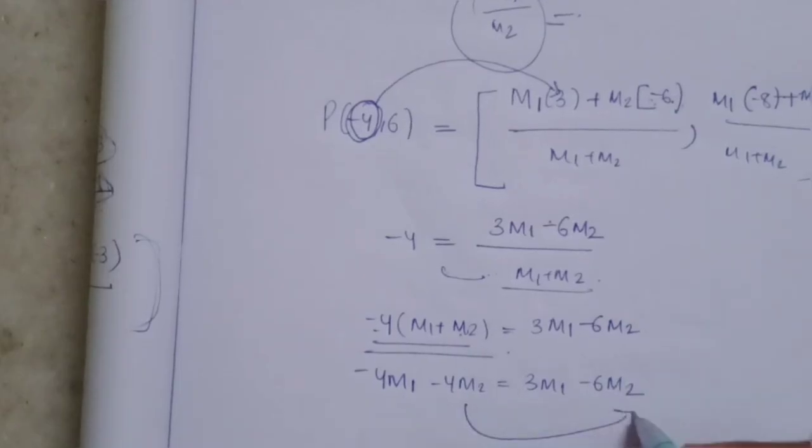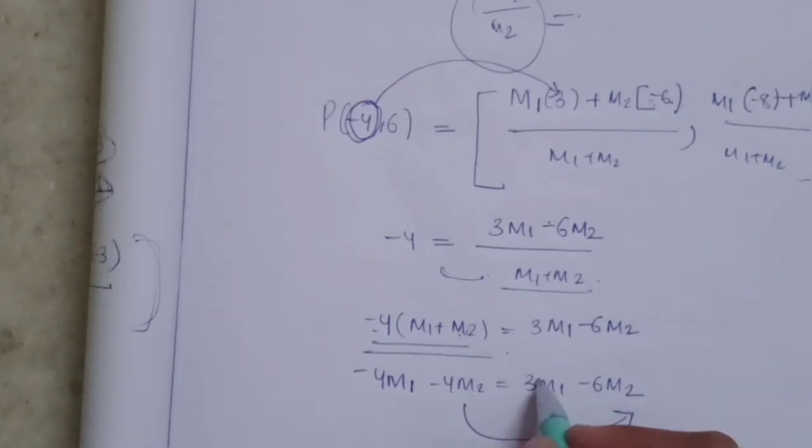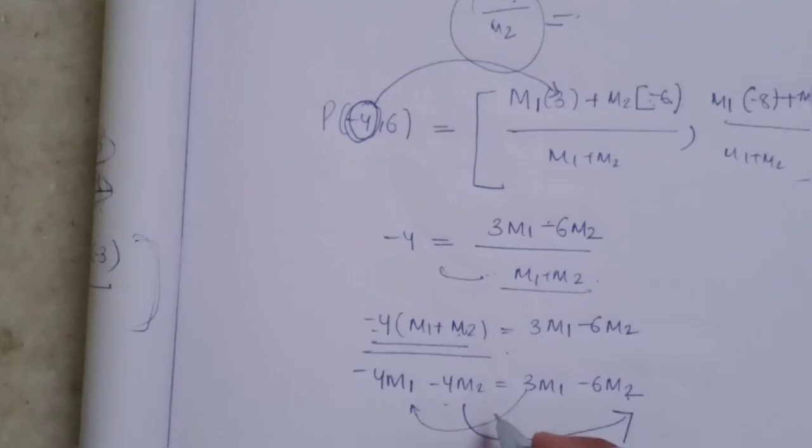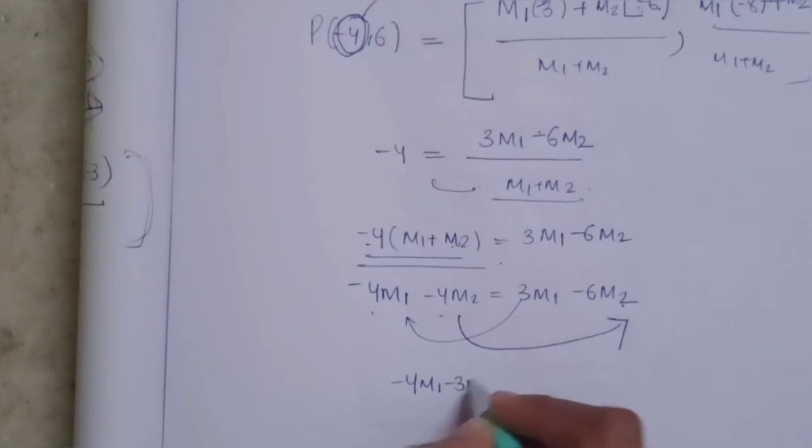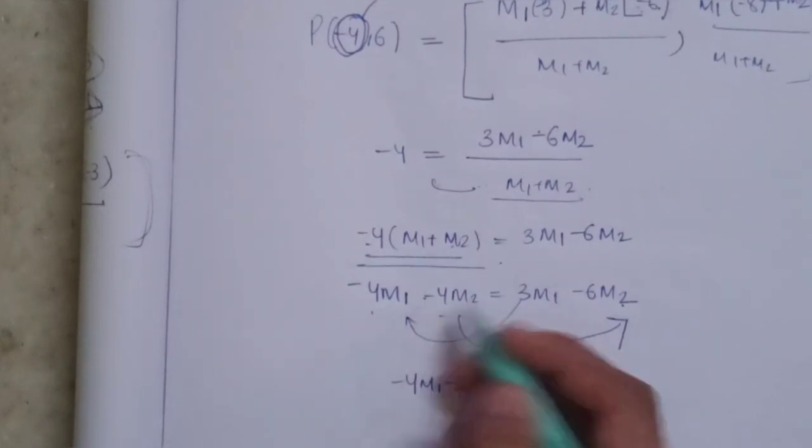Now send m1 terms to one side and m2 terms to the other side. So minus 4m1, we have sent this to the other side.